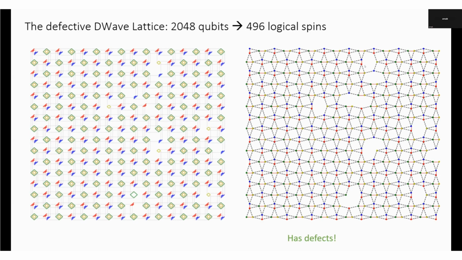You can see that we have some defects because the debug chip has some defects, so we get a defective lattice. If you want a defect-free zone, this is where you should concentrate. That's the reality right now: every chip that is made has some defects here or there, or the qubits are not quite the same. There are some random fields. So how do we do this?